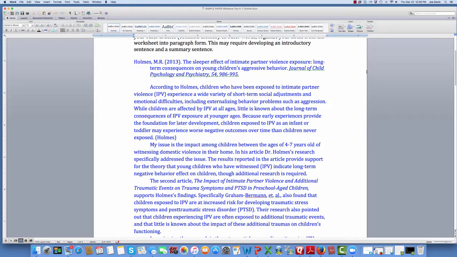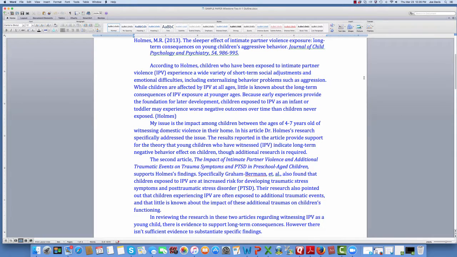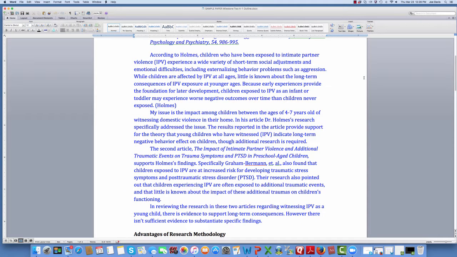Because early experiences provide the foundation for later development, children exposed to IPV as an infant or toddler may experience worse negative outcomes over time than children never exposed. And the source of that is Holmes. That's what Holmes wrote about.